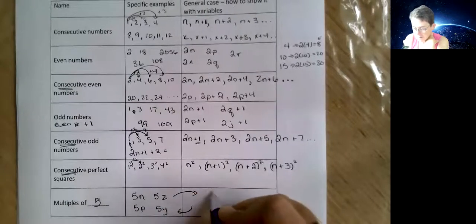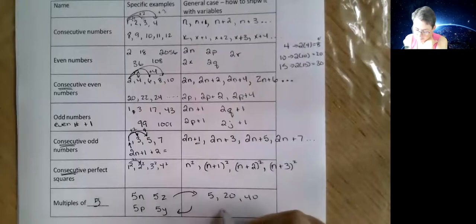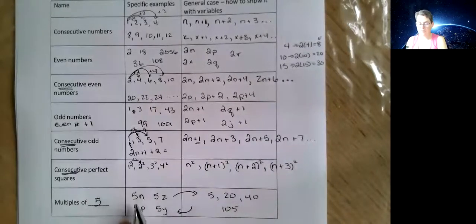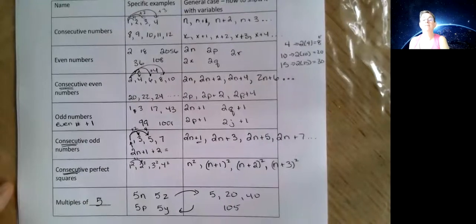We'll just do this. So like 5, 20, 40. So all you do is put a 5 in front of whatever variable you want. If it said consecutive, then you'd be using the same variable, and I've never seen that used. Yeah, maybe we'll come across it and I'll help you then.